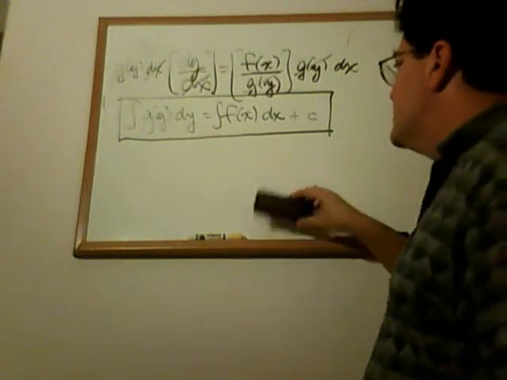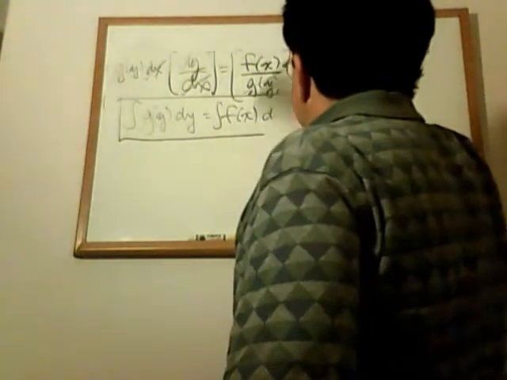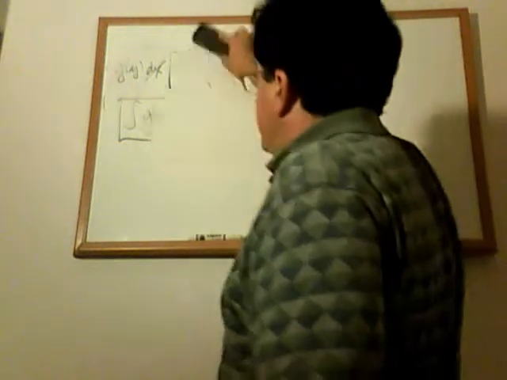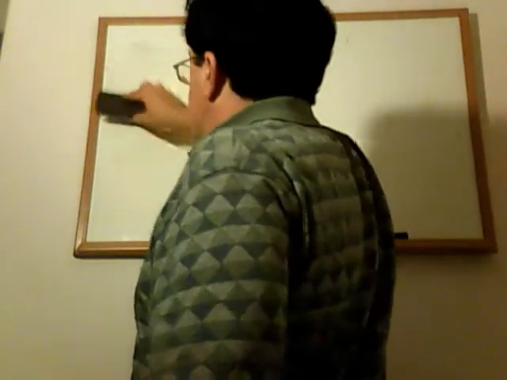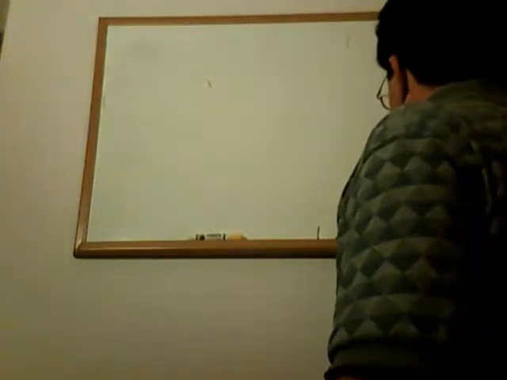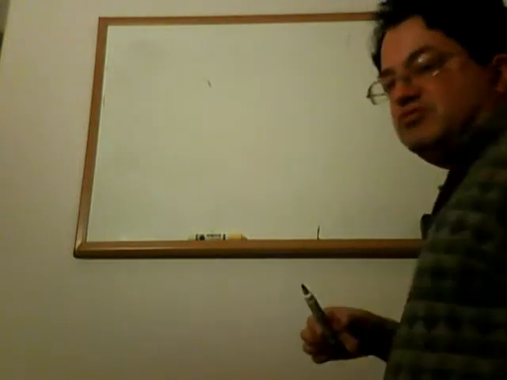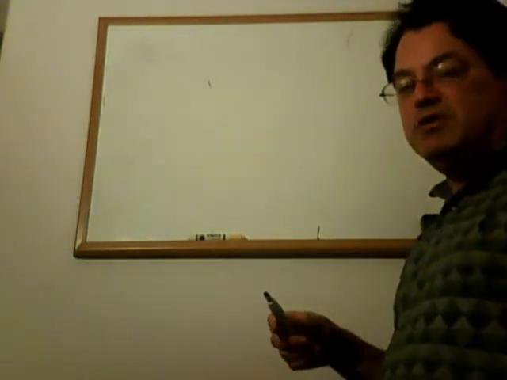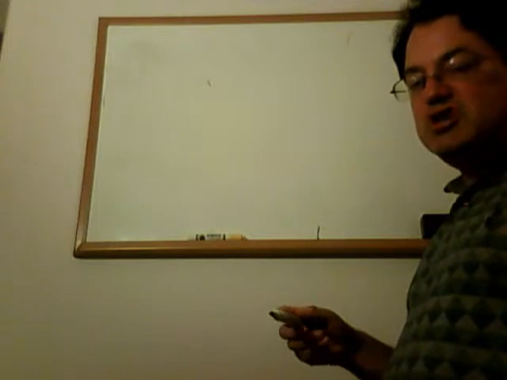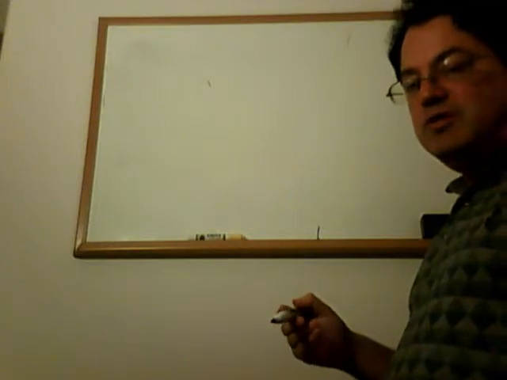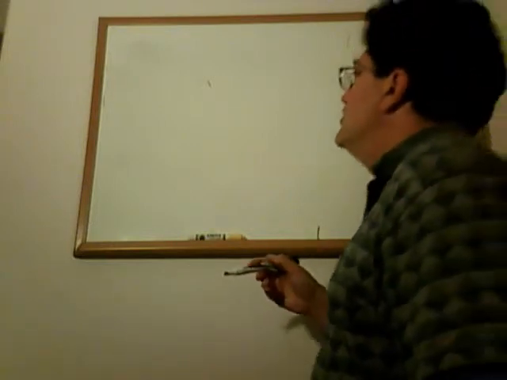So let me give you an example. The example I'm going to give you is Malthusian population growth. There was a sociologist in the 18th century named Thomas Malthus, and he came up with a very gloomy prediction on population growth. And I'll show you why it's gloomy in a minute.